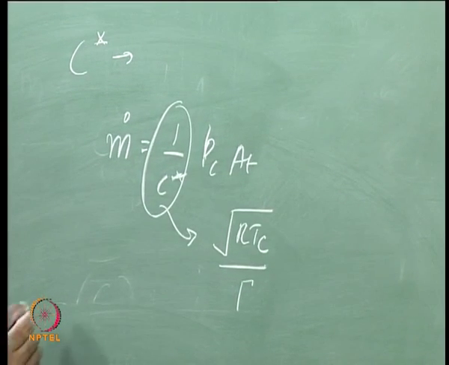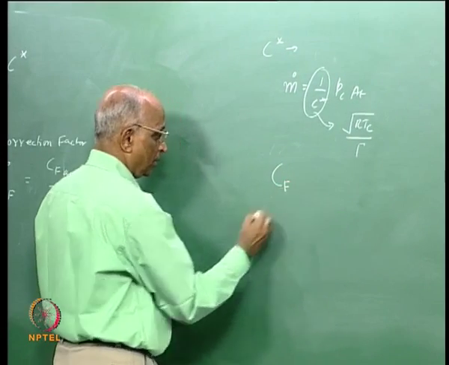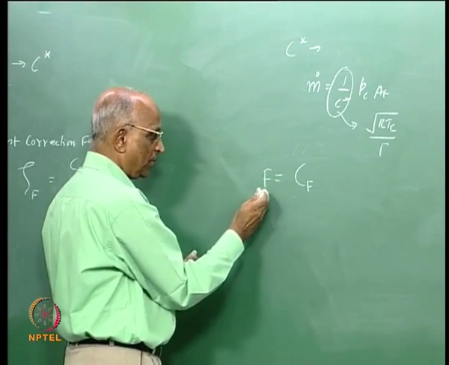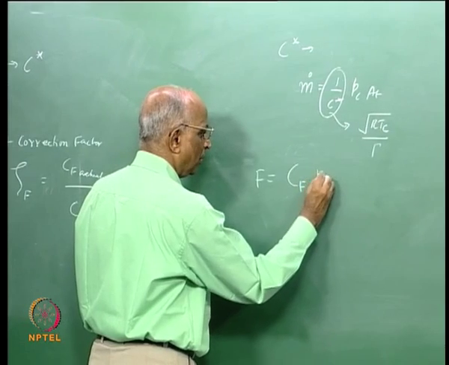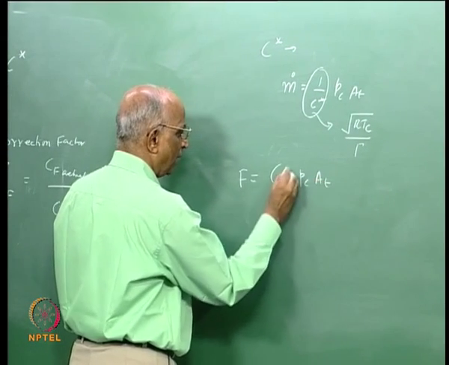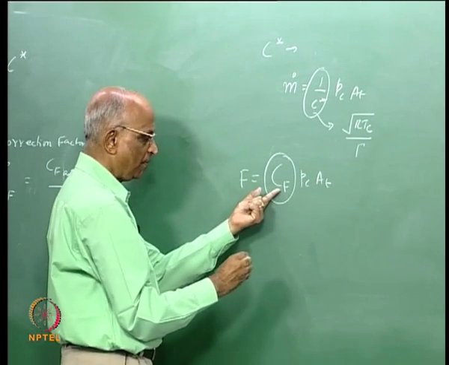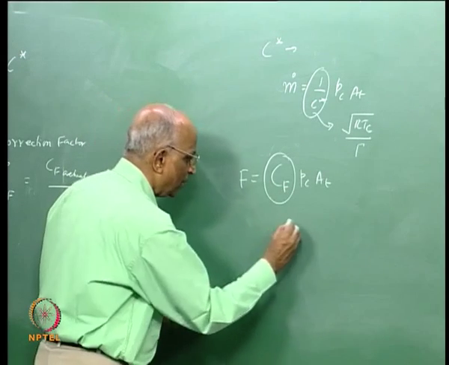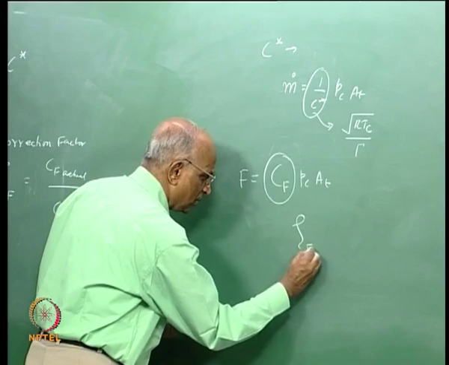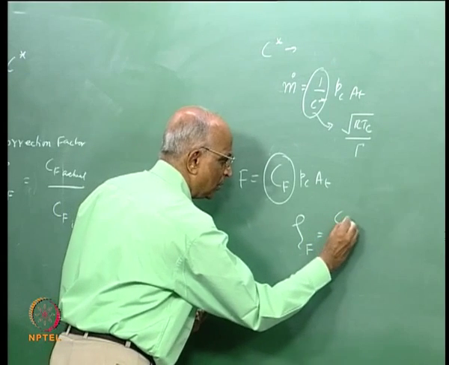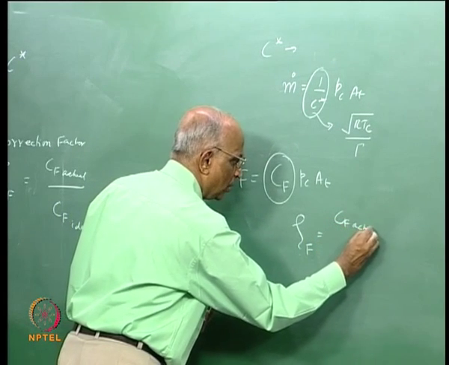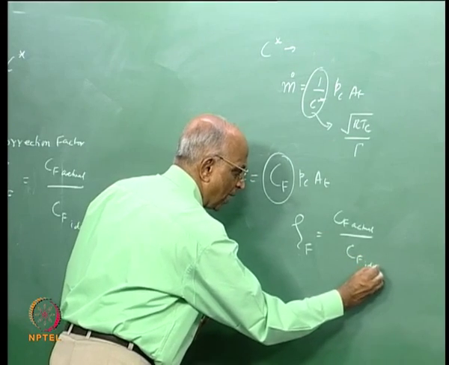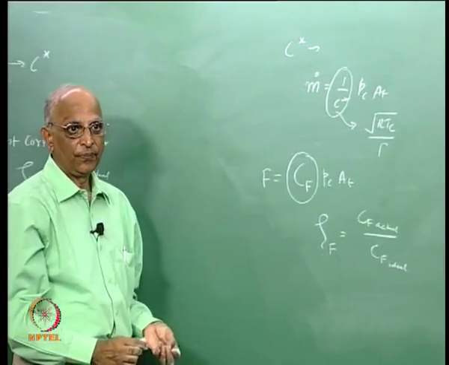We also talked in terms of the thrust coefficient which is used to describe the thrust developed by a rocket. F is equal to Cf Pc AT, and we found out the expression for Cf and also how Cf varies, and we talked in terms of a thrust correction factor which is equal to Cf actual by Cf calculated based on ideal one dimensional theory.